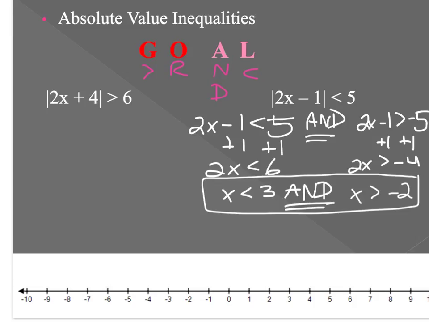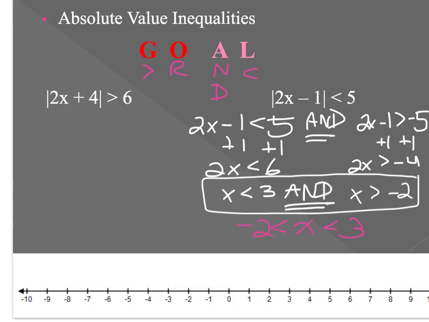You can also write your answer whenever it's using the word and by doing an x in the middle, and it's less than 3, but it's greater than negative 2. And you can see when you're reading it in reverse, it does say x is greater than negative 2.